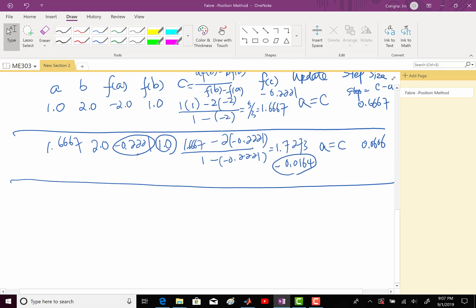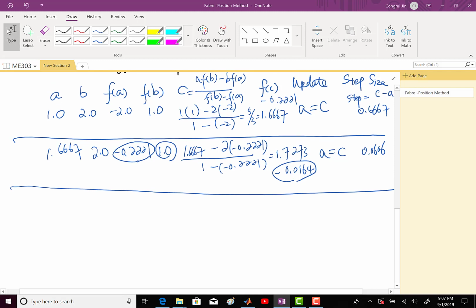So in the next iteration, A is updated by C, so it's 1.7273. B remains the same. So FA will be negative 0.0164 and FB will be 1.0. And C will be A times FB minus B times FA, over FB minus FA.